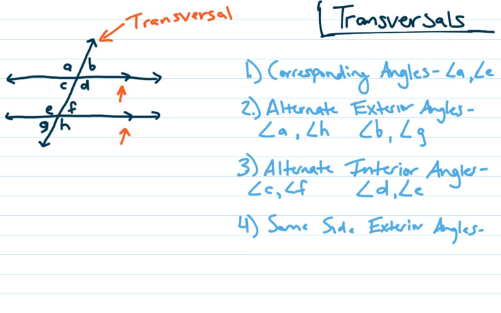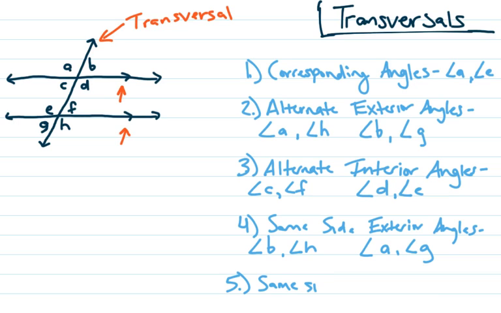And so this would be angles B and angle H, and then also angles A and angle G. And same side exterior angles are not equal in measure, they're actually supplementary, which means they add up to 180 degrees. And so there's a distinct relationship there.